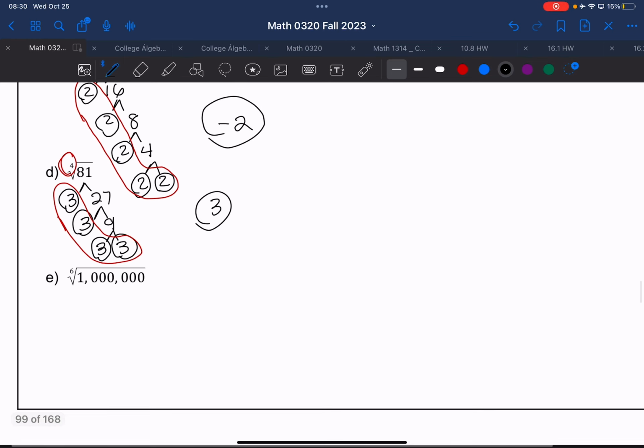For part E, we have the 6th root of 1 million. I'm not going to do the prime tree on this. That's going to take forever. So another way that we could write 1 million is 10 times what?